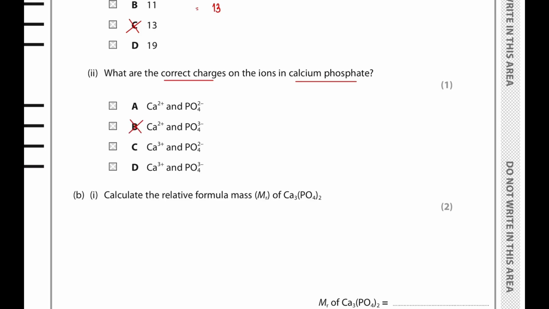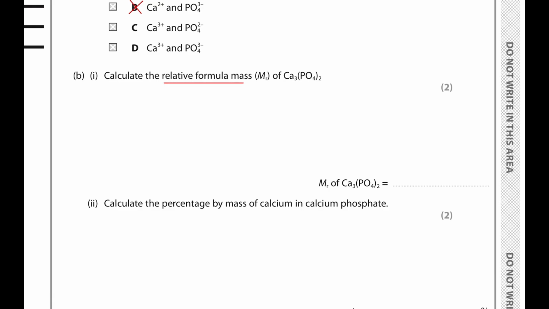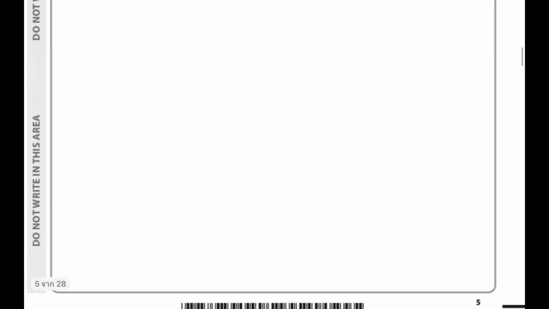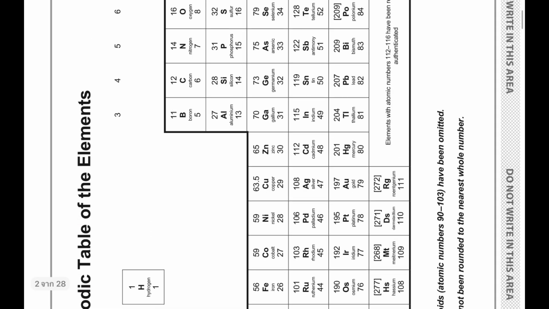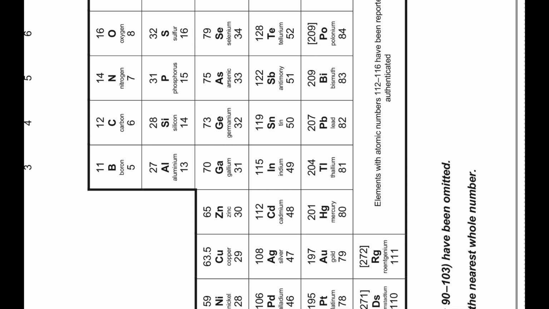Question b i. Calculate the relative formula mass, or Mr, of calcium phosphate. So Mr of calcium phosphate is equal to 40 times 3, which is the Ar of calcium, and then plus phosphorus. Let me go back to the periodic table. Ar of phosphorus is 31.